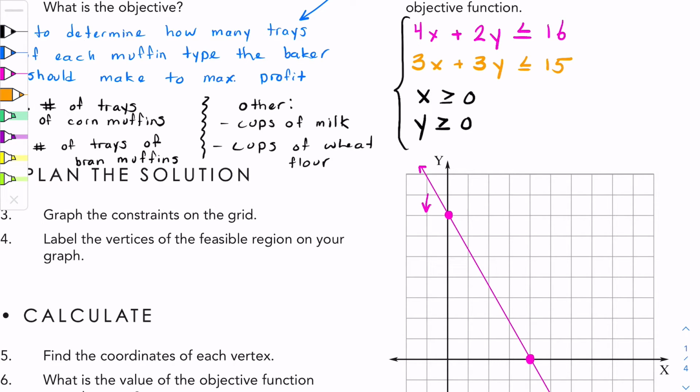For the next inequality, we have 3x plus 3y is less than or equal to 15. As an equation, that would be 3x plus 3y is equal to 15. What is my x-intercept on this one? 5. Plot a point at 5. How about my y-intercept? Also 5.